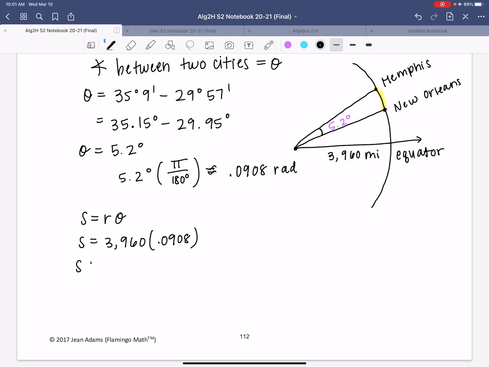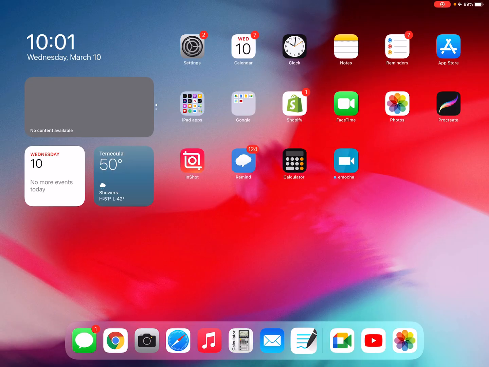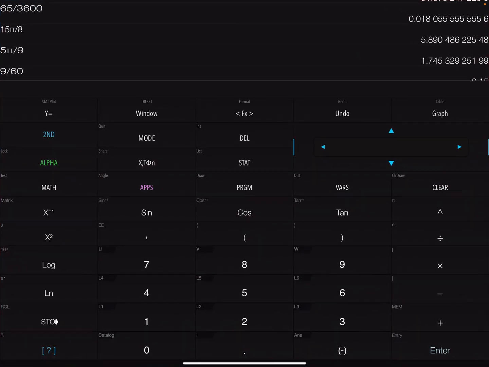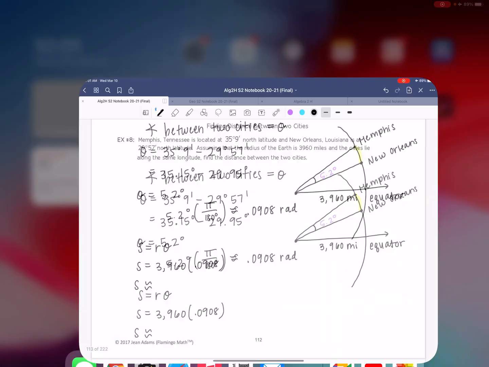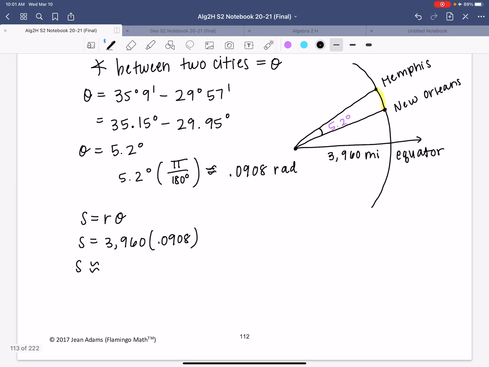So S is approximately, I still have that number in my calculator, so I'm going to multiply that number by 3,960, which is 359.398. So S is approximately 359.398, and we're talking about miles.